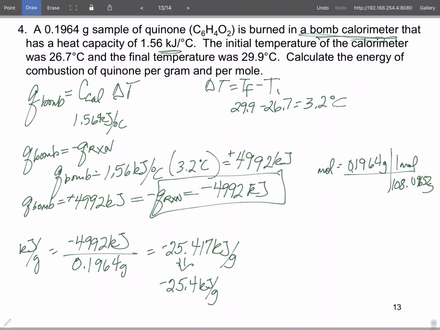Or, if we're doing it in kilojoules per mole, we could start with the negative 25.4 kilojoules per 1 gram.